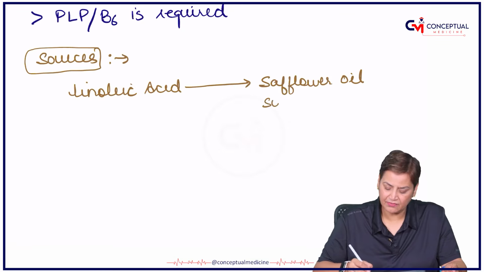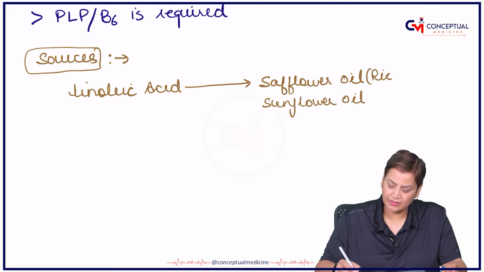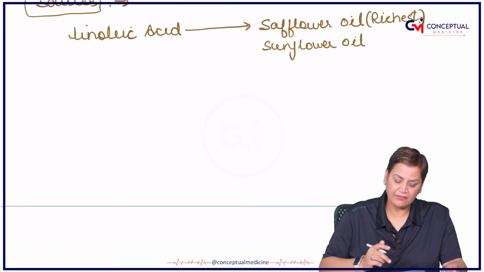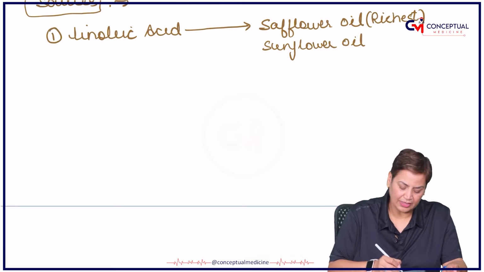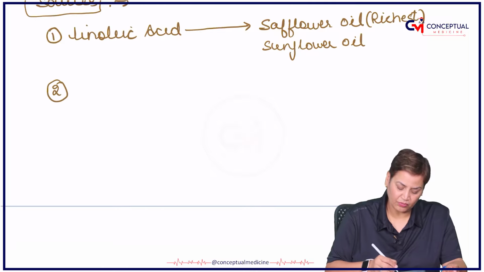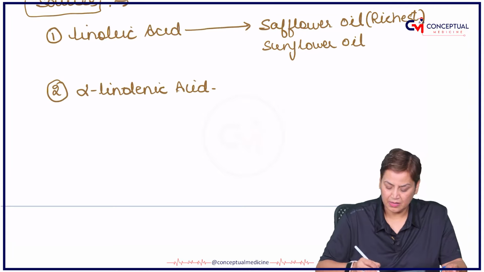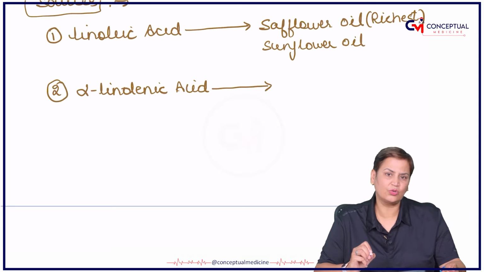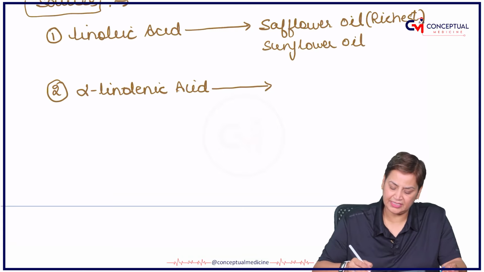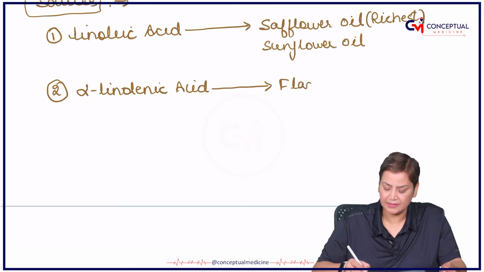Rest is sunflower oil. Even sunflower has linoleic acid, but safflower is the richest one. Then if we talk about linolenic acid, first of all alpha-linolenic acid. The richest source of alpha-linolenic acid are the flax seeds.